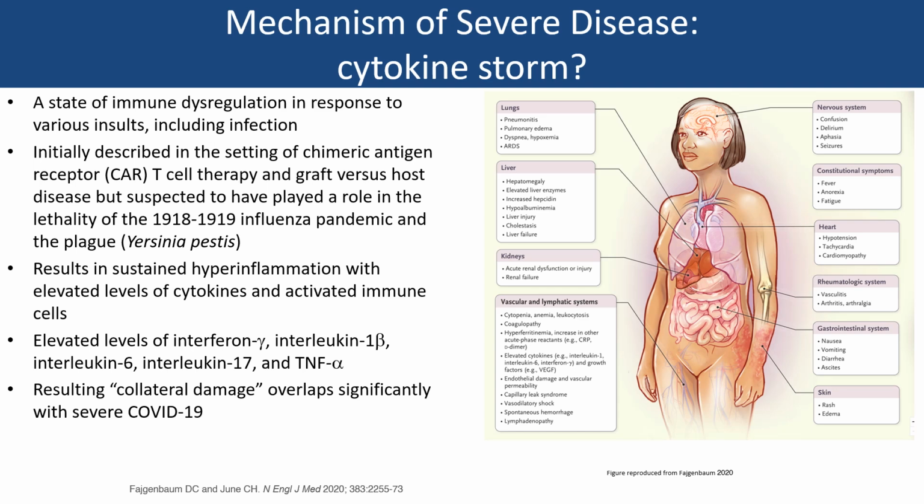The clinical features that result from this cytokine storm are listed in the figure and are due to the collateral damage that occurs from the hyperinflammation. These clinical findings overlap significantly with severe COVID-19.